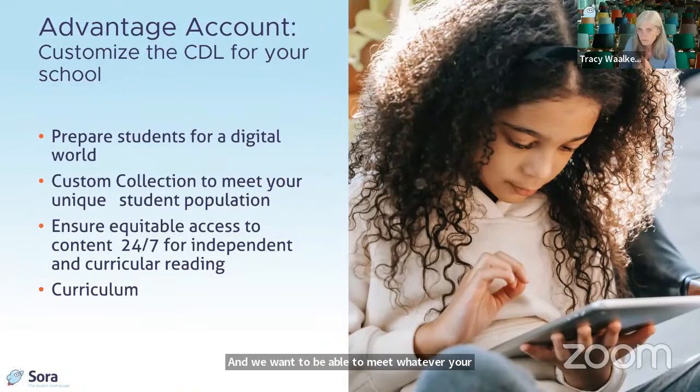So if you have a librarian in your school, you should contact them about any specific support you need around Sora and content that you need to support the learning in your classroom. If you do not have a librarian, you can have your principal, your AP reach out directly to Sora about setting up your Advantage account and beginning the process of curating collections to meet your particular needs.